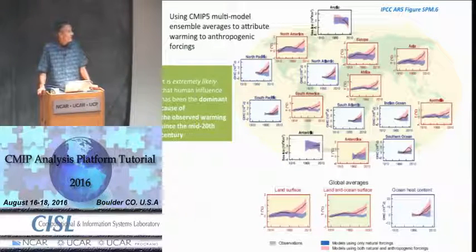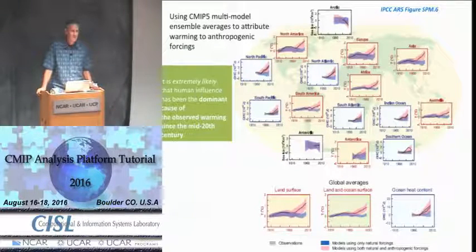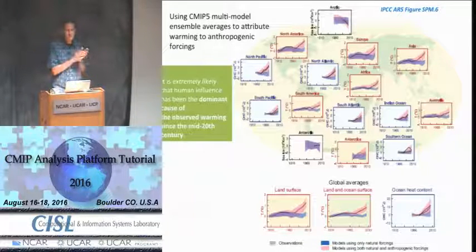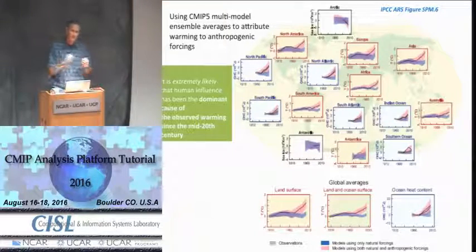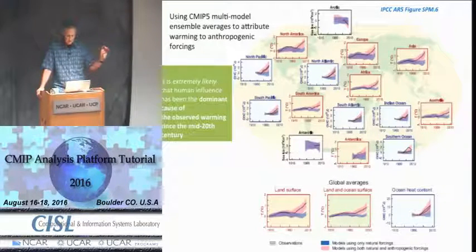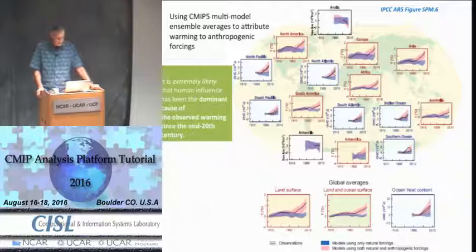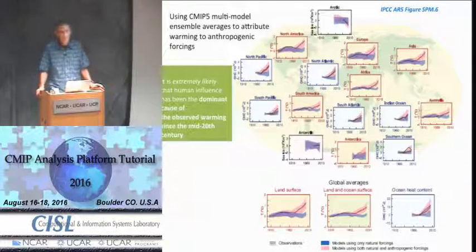Another way you can use these multi-model ensembles is they're not just run with all forcings for the 20th century, they're run for single forcings by themselves. In other words, just sulfate aerosols with everything else held constant at pre-industrial values, or just solar variability, or just greenhouse gases. And in this case, there were sets of experiments made with just natural forcings, in other words, just solar variability and volcanic eruptions.